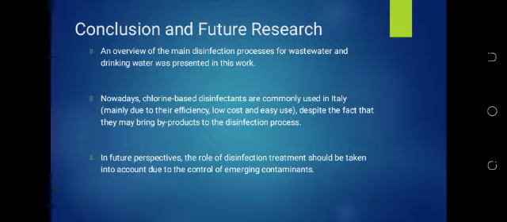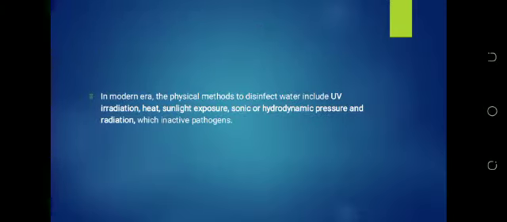In future perspectives, the role of disinfection treatment should be taken into account due to the control of emerging contaminants. In the modern era, the physical methods to disinfect water include UV irradiation, heat from light exposure, sonic or hydrodynamic pressure, and radiation, which inactivate pathogens.